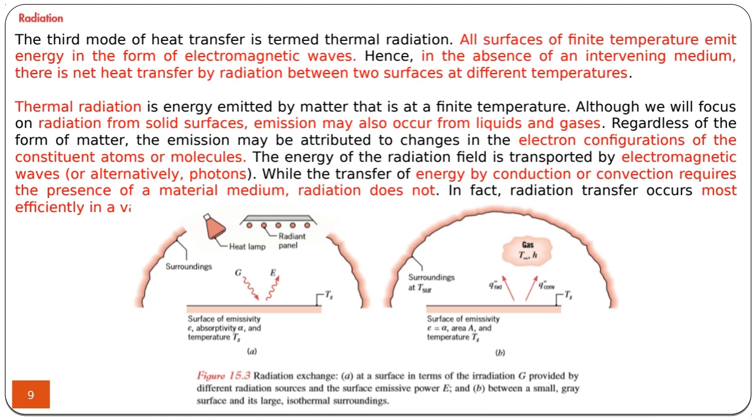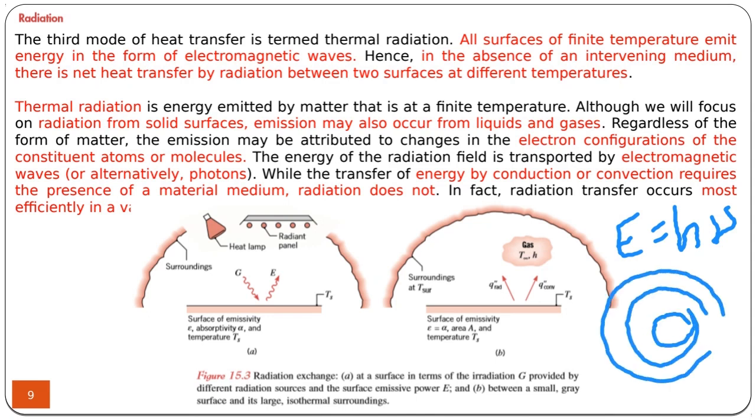And what is the energy of this photon? h times nu. h is the Planck coefficient, nu is the frequency of the photon. So if an electron changes orbit from 1 to 2, this change of orbit will cause a photon to be released.